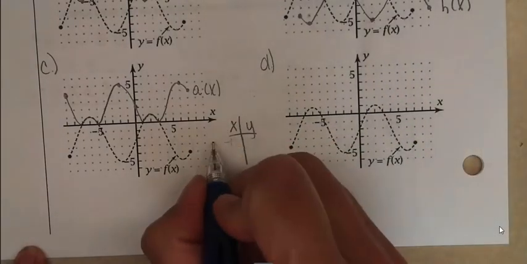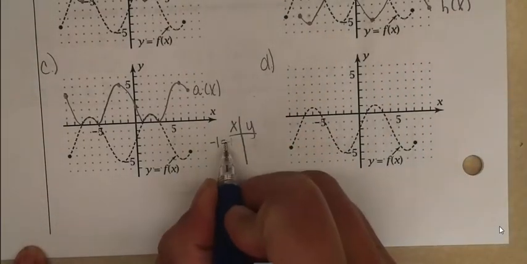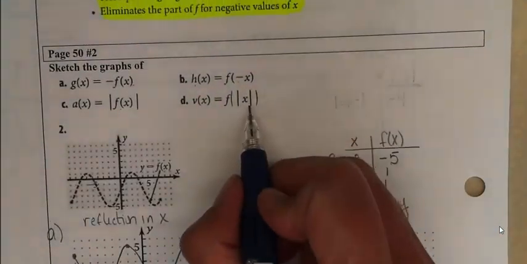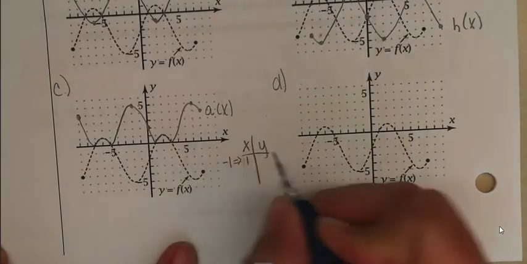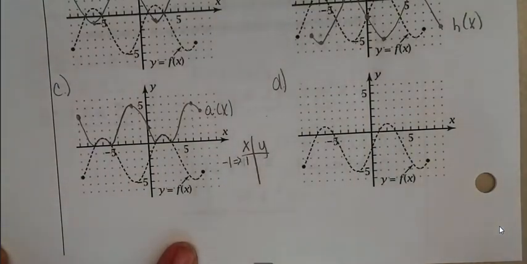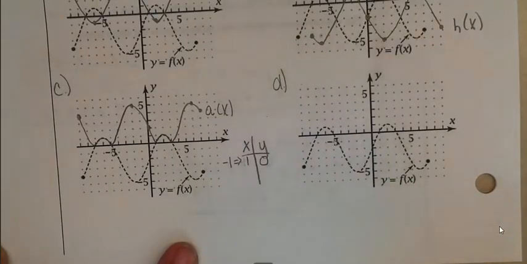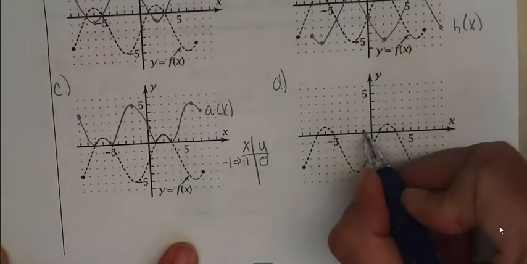So when I actually put in -1, that really becomes the absolute value of that, right? That's what that's saying, the absolute value of your input. The absolute value of my input now becomes 1. So what was the output of f of 1? Well, it was 0. Okay, so at -1, I've got 0.